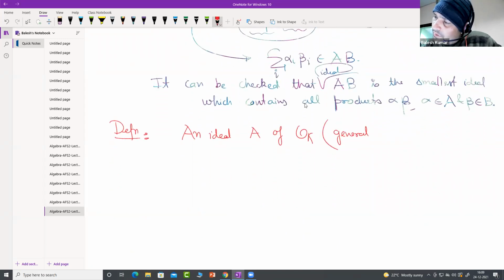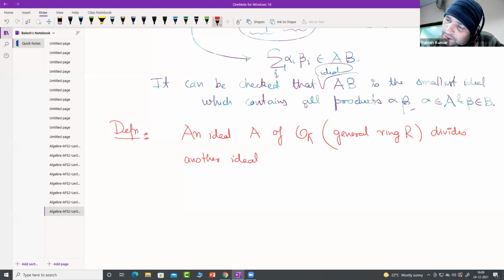But here we will be focusing only on the ring of algebraic integers. So let's say A divides another ideal, B of OK, and the definition is very similar to the case of an element.